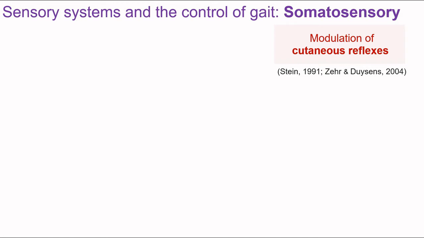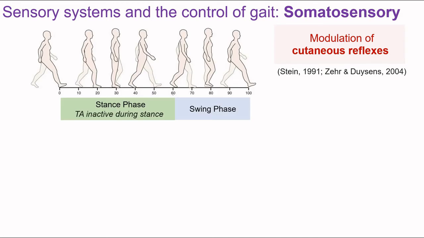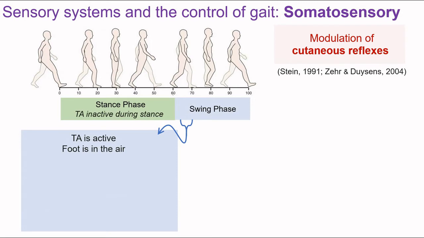First, we'll look at the modulation of cutaneous reflexes involving the tibialis anterior. The tibialis anterior is largely inactive during stance phase, so we'll focus on the swing phase. During initial swing, the foot is in the air and the tibialis anterior is active.